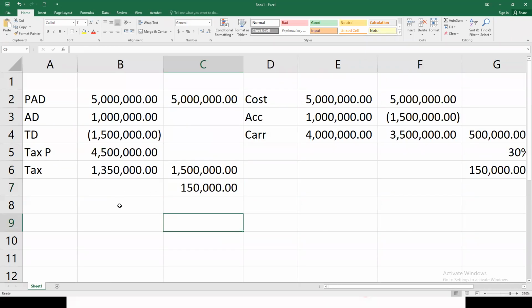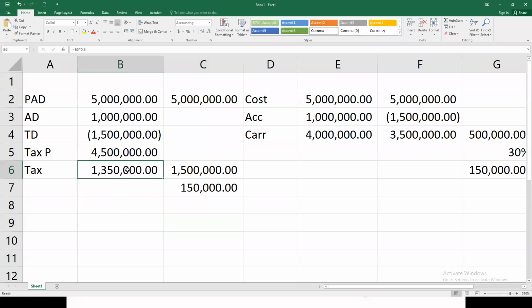Here, how can we account for it? So what's the journal entry? Anyone of you? Journal entry for this year, 2017. What's the journal entry?